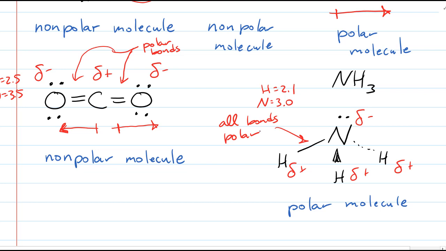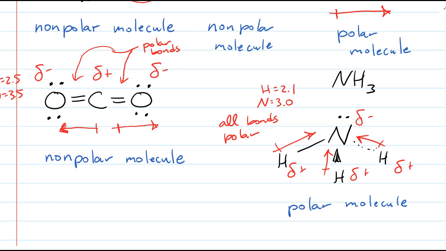Now, if we did this with vectors, we would draw in some arrows along each one of the vectors pointing towards the more electronegative atom. So we would draw up along this one, point it towards the nitrogen, up this way towards the nitrogen, up this way towards the nitrogen. So again, think of all of these here. They're all going to be pointed up towards the nitrogen in here. What's going to happen to the vectors?